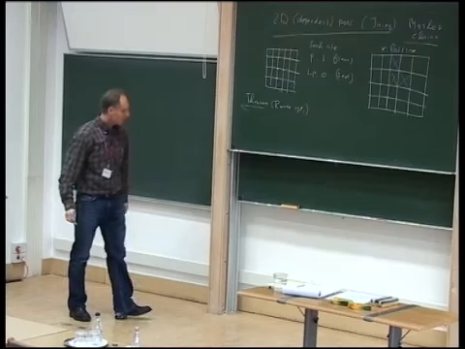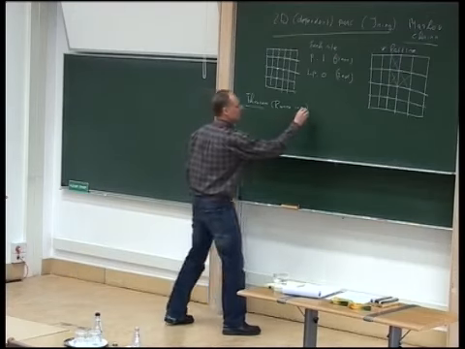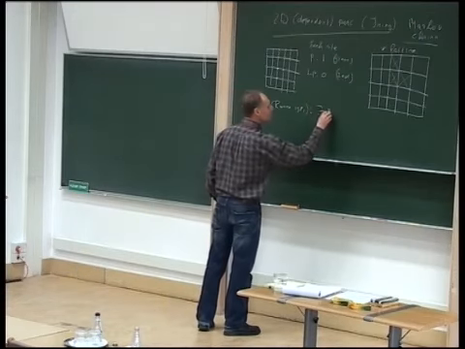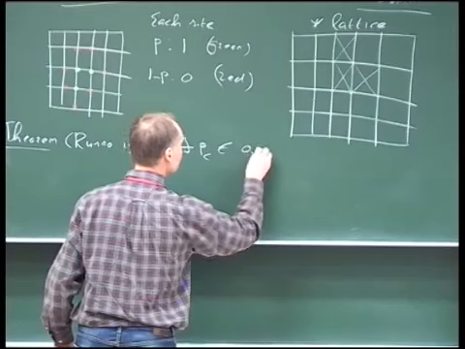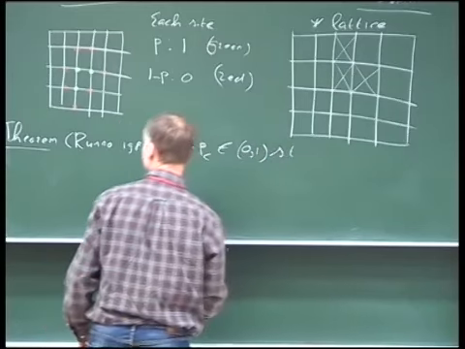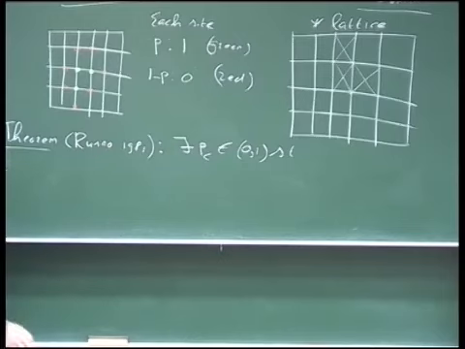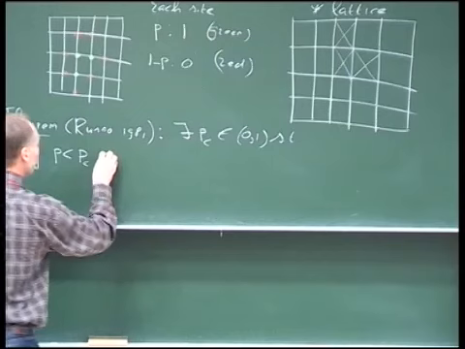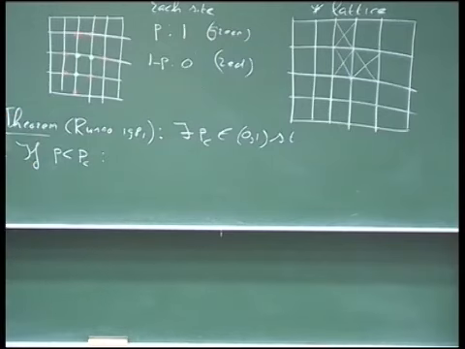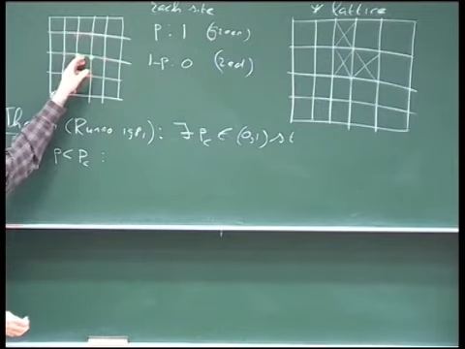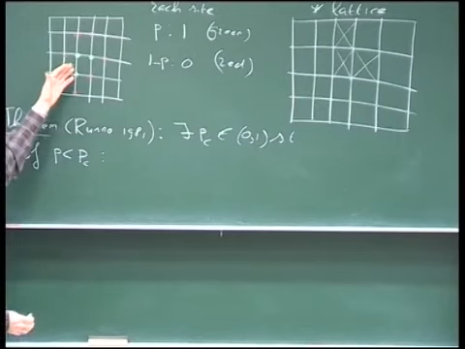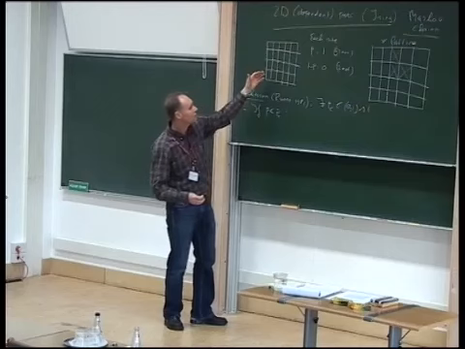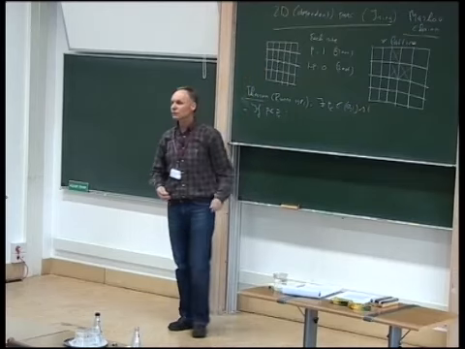The theorem says that there is a critical value p_c strictly between 0 and 1, such that the following holds. If we are below p_c, then with probability 1 there is no infinite green cluster on the square lattice, but there is an infinite red cluster on the star lattice.